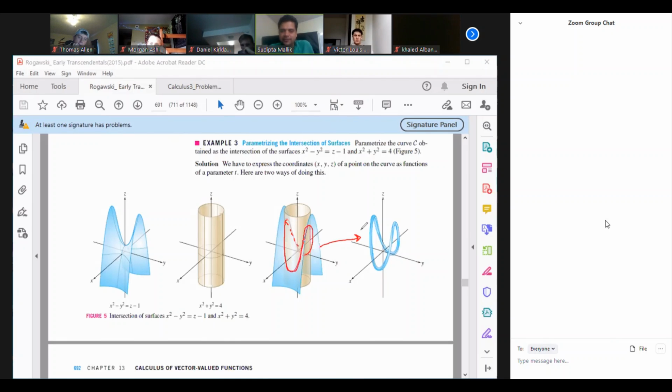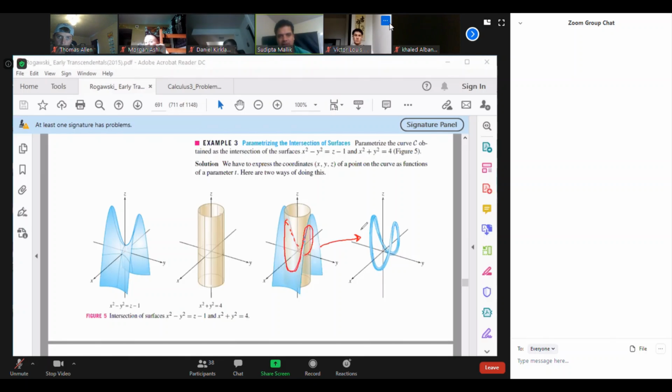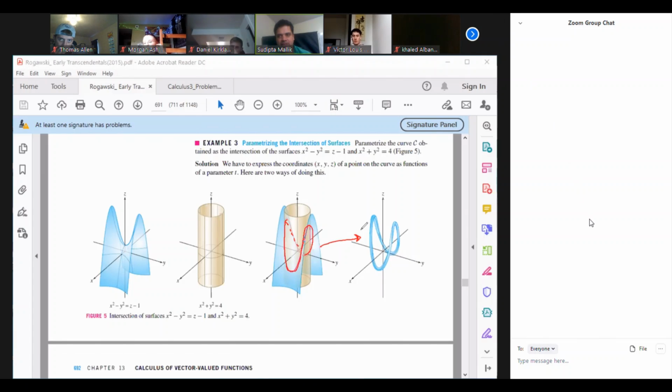Interesting figure. So this is a hyperbolic paraboloid intersecting with a circular cylinder, right? So we get a curve.